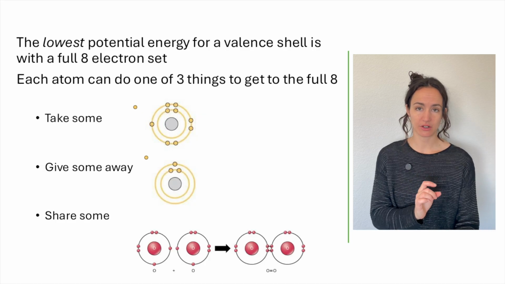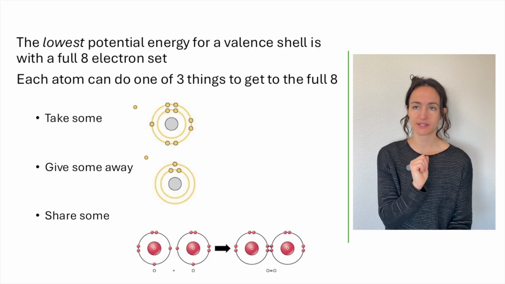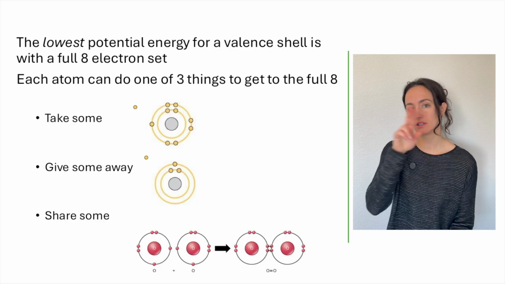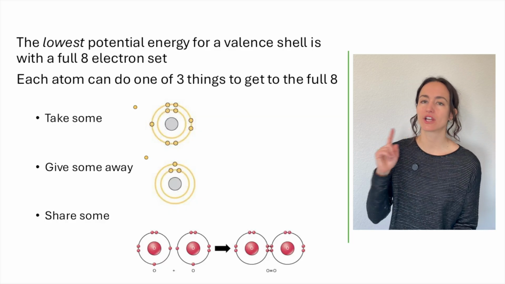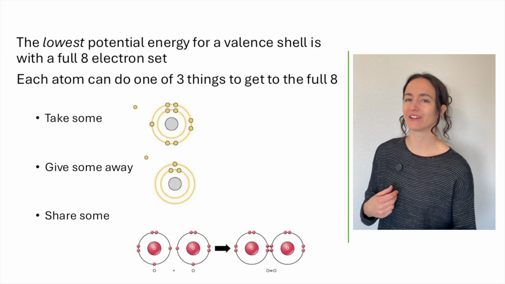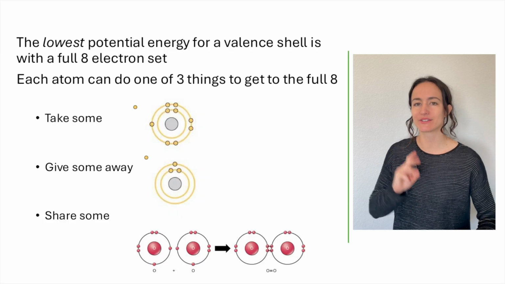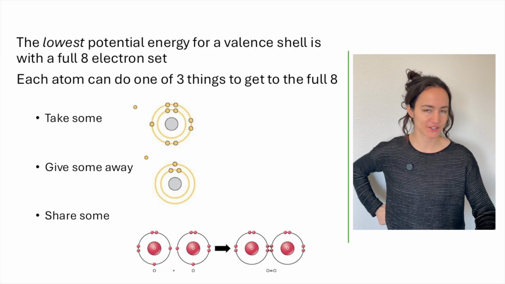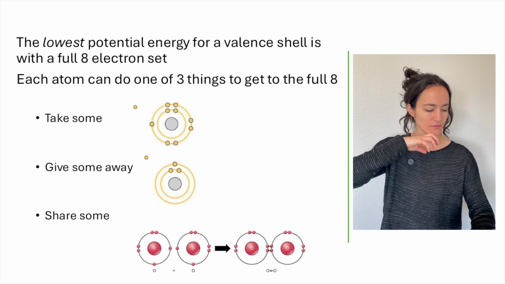The first electron shell only holds 2 electrons, the second shell holds 8, and the third shell holds another 8. In this introductory biology course, we're not going to get much past that, so you can just focus on those first 3 shells: 2, 8, and 8.